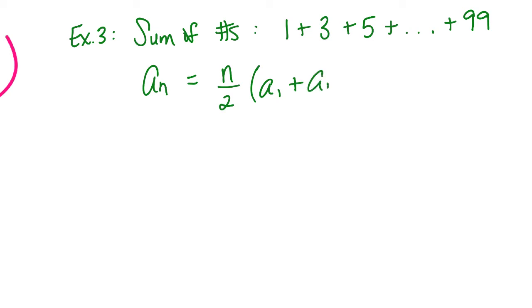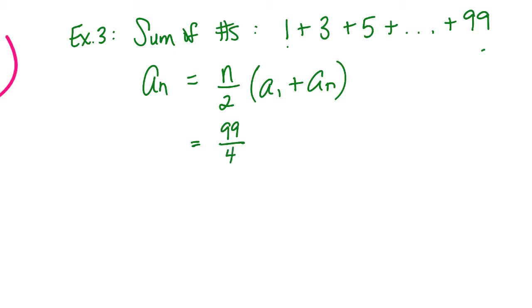But we have a problem, because a lot of times we forget what the number of terms is. We have 1 to 99, which would be 99 terms, but it's going up by every other number. So we have to do 99 divided by 2 again.